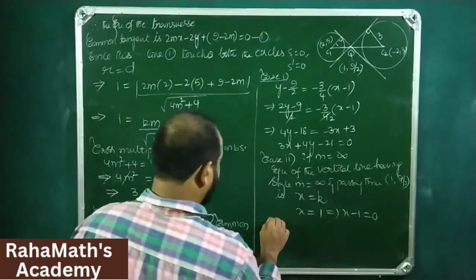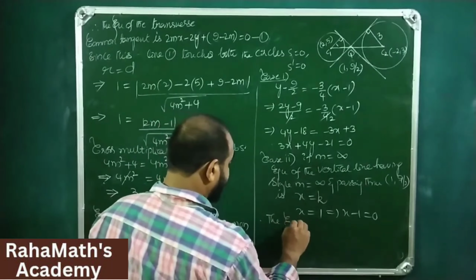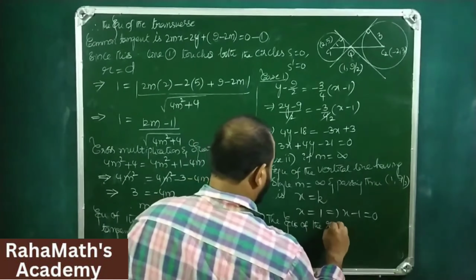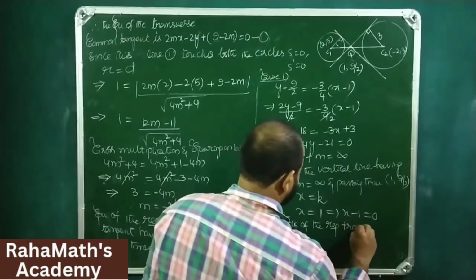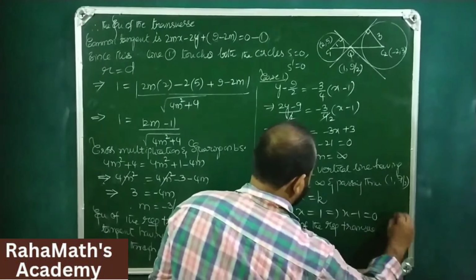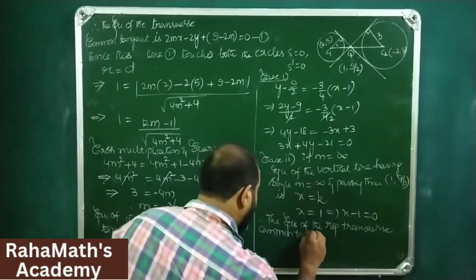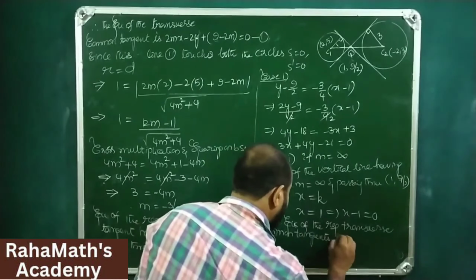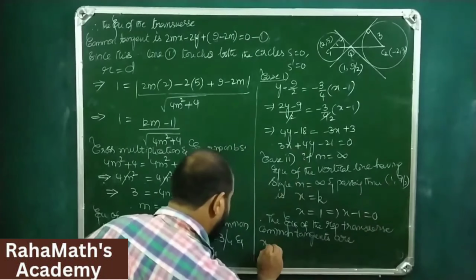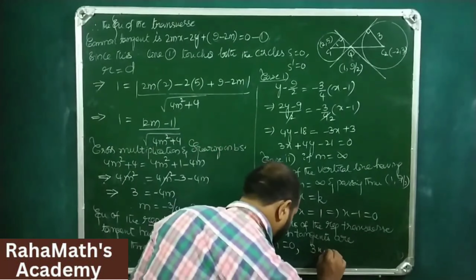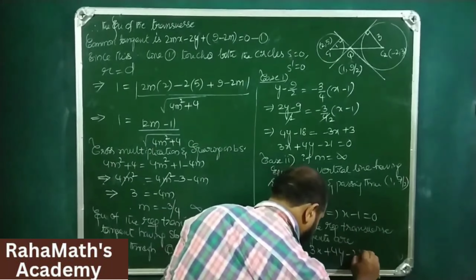Therefore, the equations of the required transverse common tangents are x minus 1 equals 0, comma, 3x plus 4y minus 21 equals 0.